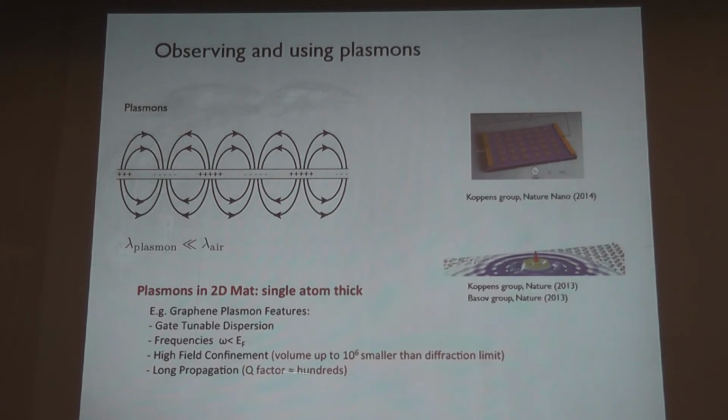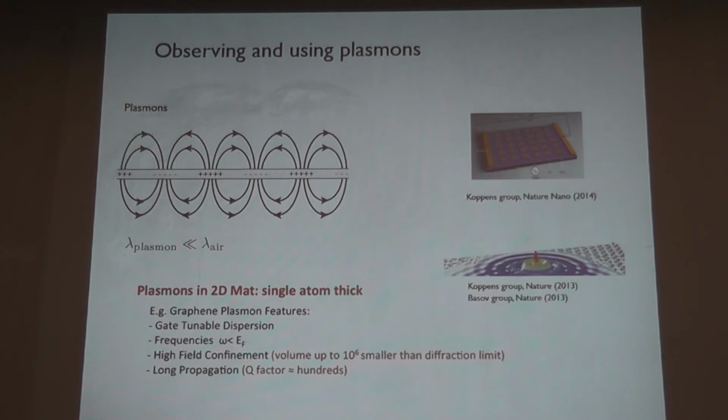On top of that, the hope is to achieve very long propagation in these materials, so much so that you can allow these plasmon polaritons to propagate for some distance and be able to use them as optical interconnects. So one might say, okay, fine, how does Berry curvature alter these plasmons, these collective excitations in the system, and maybe this can allow us to achieve some of these earlier things, like the optical isolators that we talked about from before.